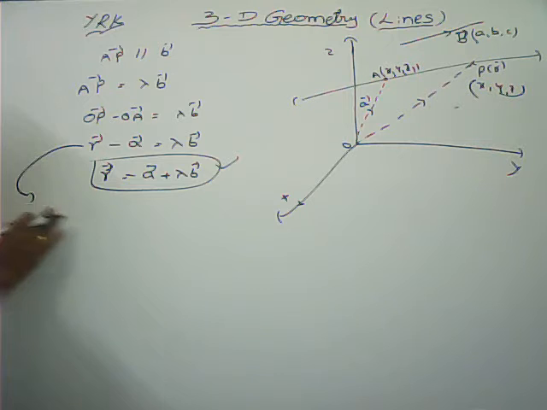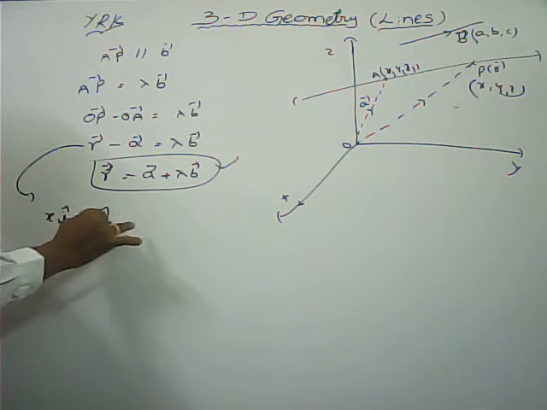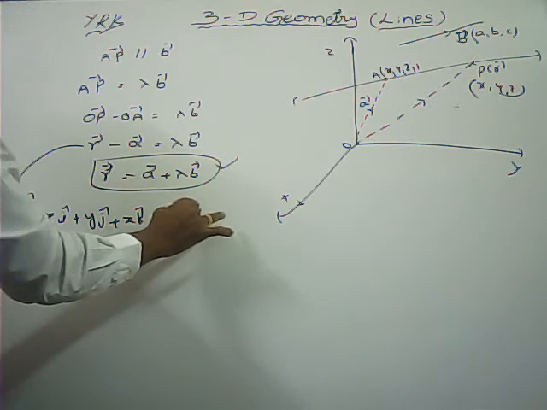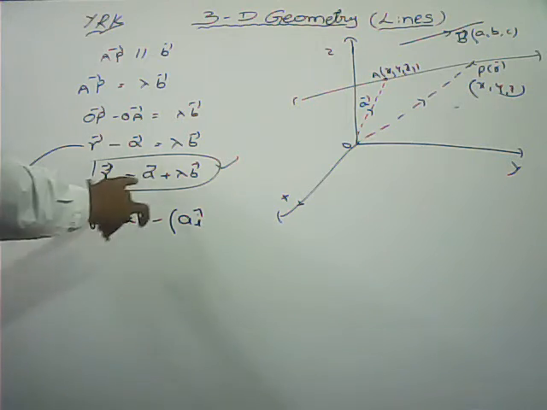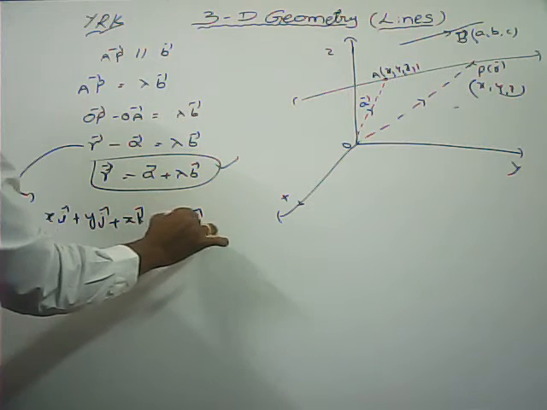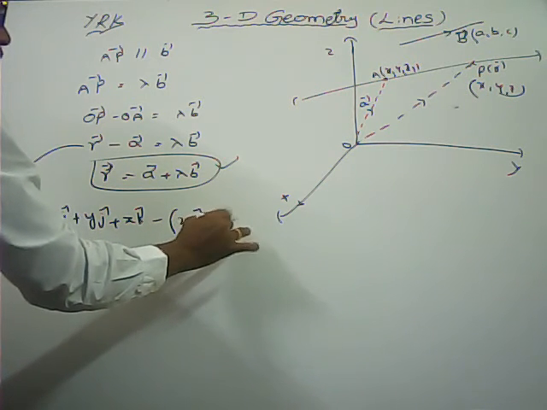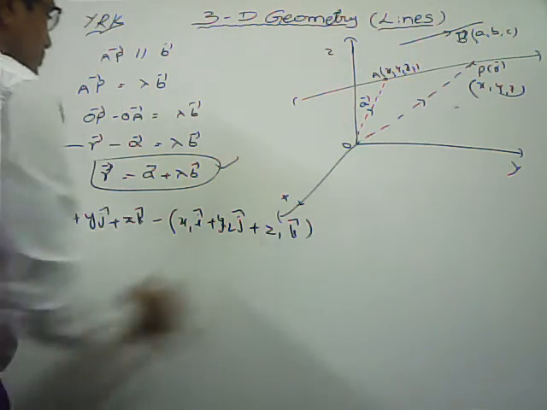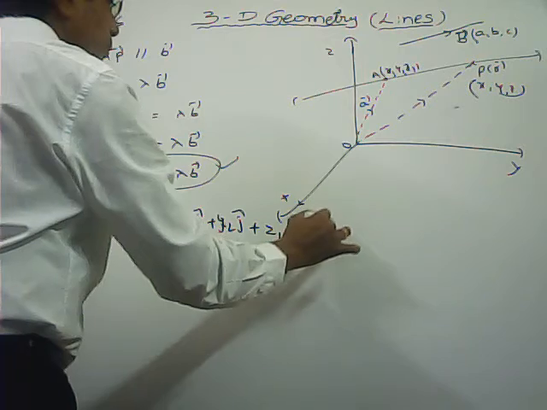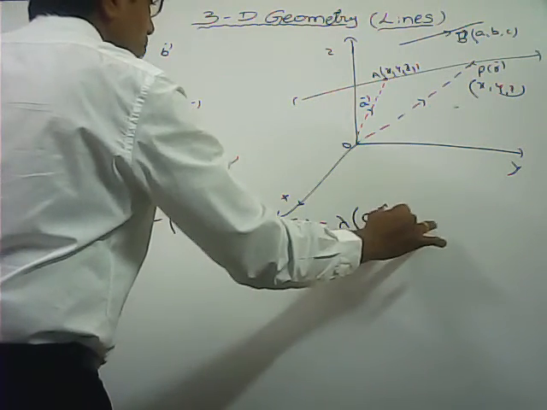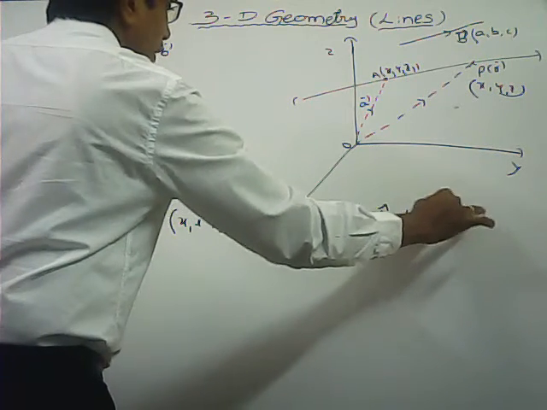If I expand that, R bar is x i cap plus y j cap plus z k cap, minus A bar, since the line passes through the point A whose position vector A bar is x1 i cap plus y1 j cap plus z1 k cap, is equal to lambda into B bar. What about the B bar here? a i cap plus b j cap plus c k cap.